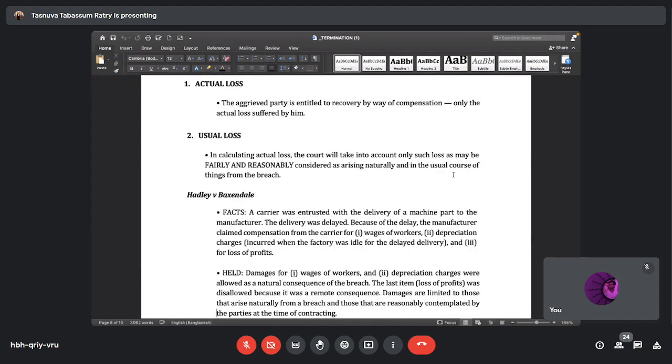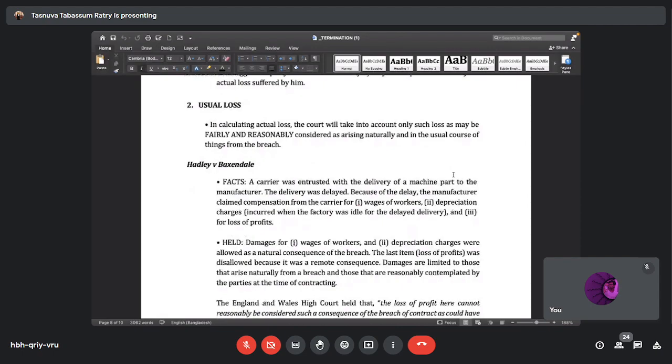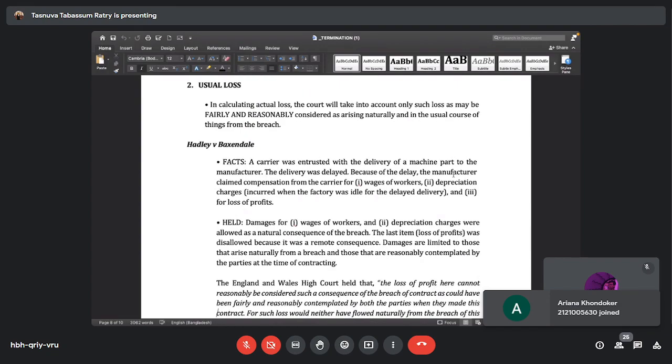There's a unique way to calculate usual losses. The legal principle for calculating usual losses was established in a landmark case called Hadley versus Baxendale. It's one of the most celebrated cases in the law of contract. In this case, the England and Wales High Court held that the loss should be fairly and reasonably considered, and naturally arising in the usual course of things from the breach.